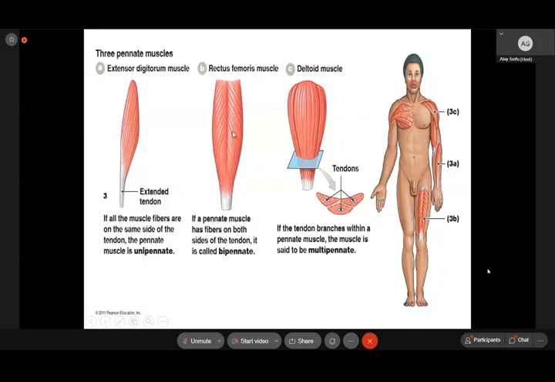And the multipinnate has a lot of tendons in its belly, which fuse together at the periphery as a single tendon, but the fibers are arranged from all sides of the tendon. There is a centrally located tendon, but the fibers are arranged in all directions, like feathers.